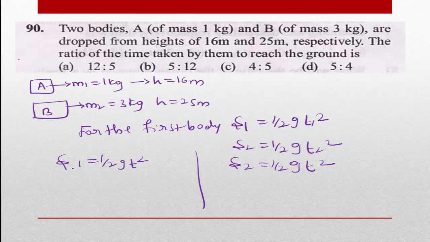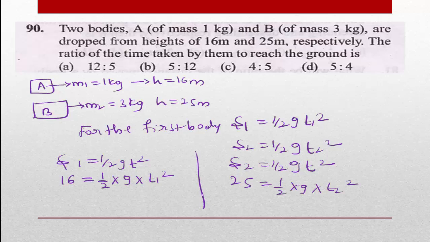S1 is the distance travelled, 16 meter for the first body. 16 meter is equal to 1 by 2 into g value, that is 9.8, into t1 square. For the second body S2 value is 25 meter. 25 equal to 1 by 2 into g into t2 square.